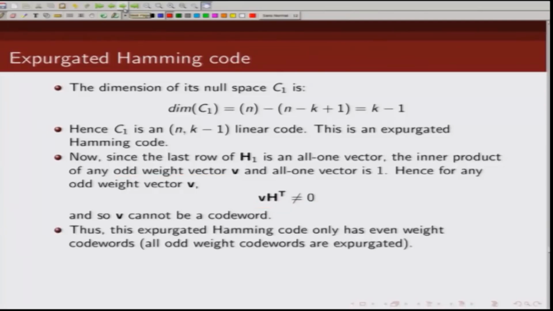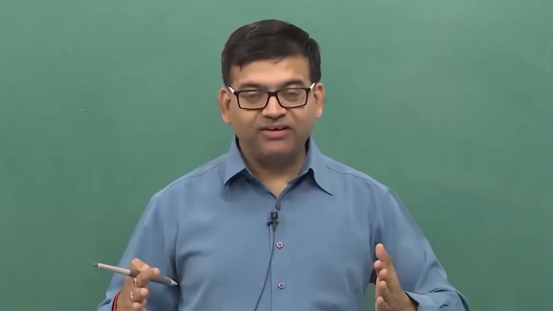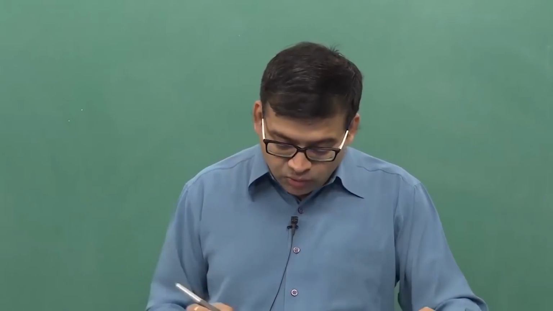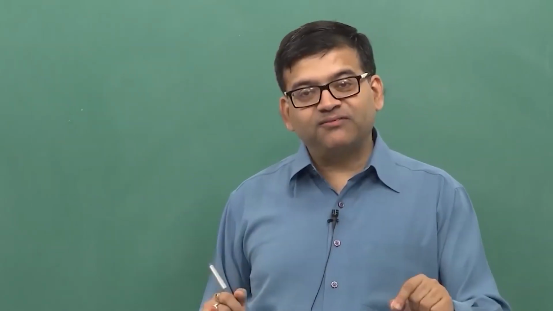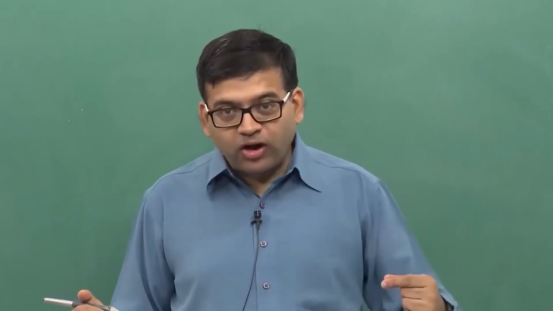So, you can see that this is one way of getting rid of odd weight code words. By adding an additional all 1 row in the parity check matrix of the original code, we actually got rid of all odd weight code words. So, the minimum distance of this expurgated Hamming code would be 4. Why?